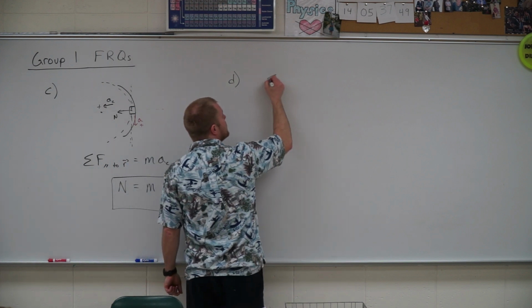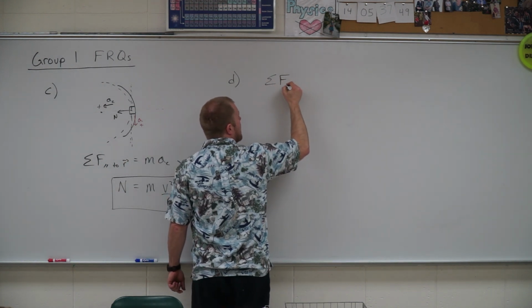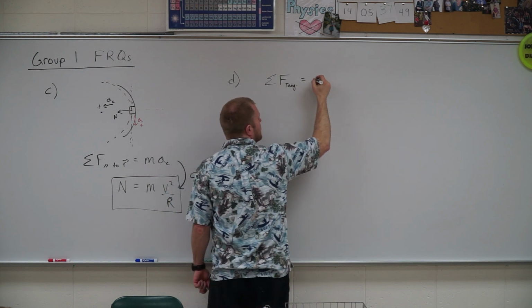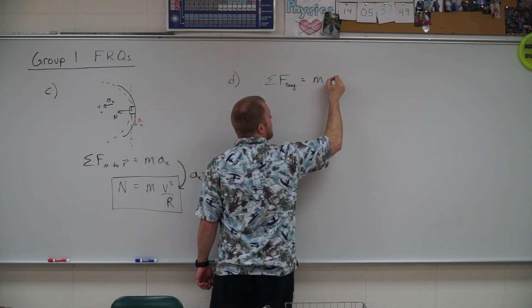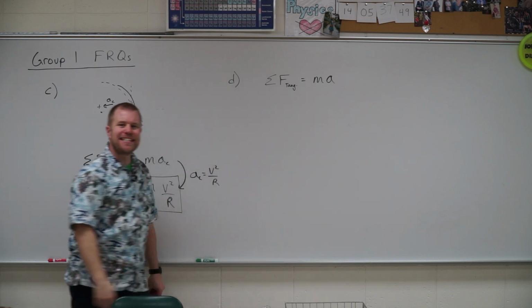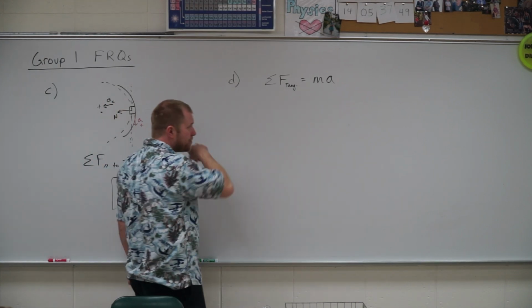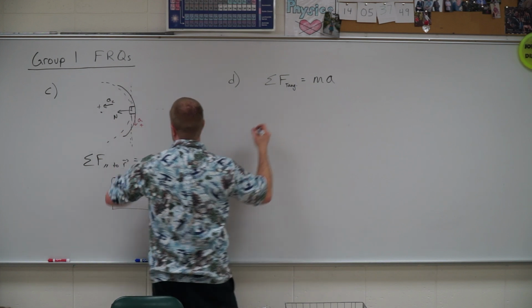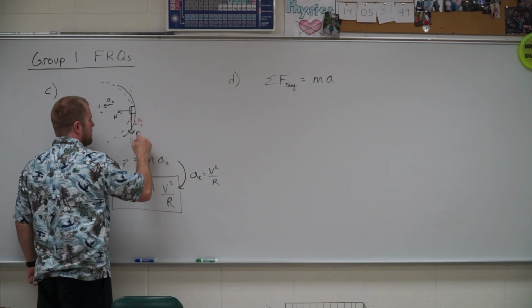So we are going to start with Newton's second law, so the sum of the forces, and I'm just going to use the word tangent here to the circle, is equal to ma, where a is my tangential acceleration. All right, so my forces, it looks like I only have the force of friction here.